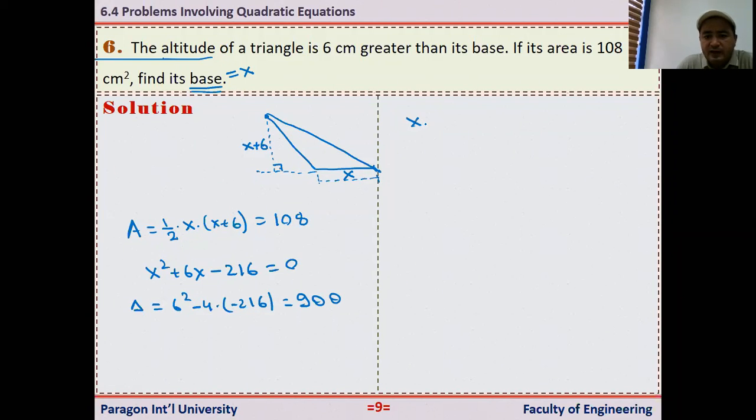So here we have x1 is equal to minus b, minus 6 plus square root of 900 over 2a, that's just 2. And if you evaluate this, square root of 900 is 30. 30 minus 6 is 24. That's equal to 12.